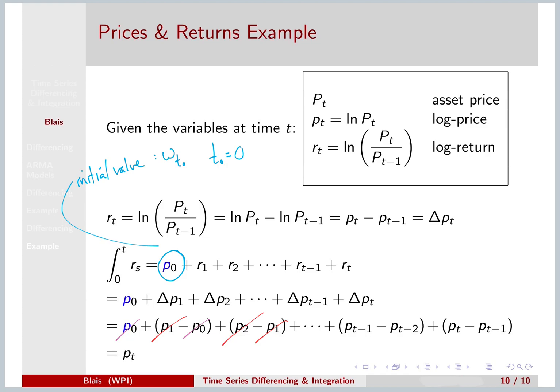If we go to the other end, we see our p_{t-1}s cancel. This p_{t-2} has a partner in the previous term. And so we see everything cancels except p_t. And this is a confirmation that the integral of this log return process is in fact the log price.